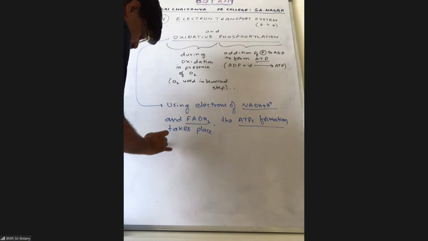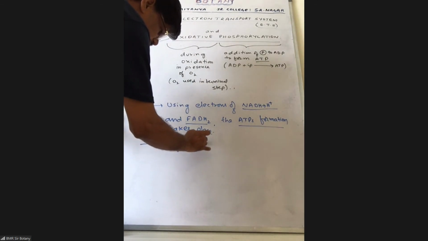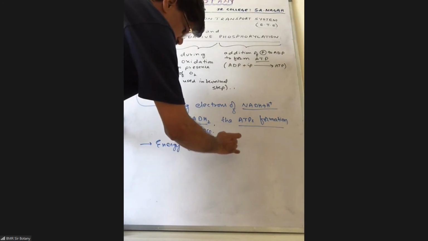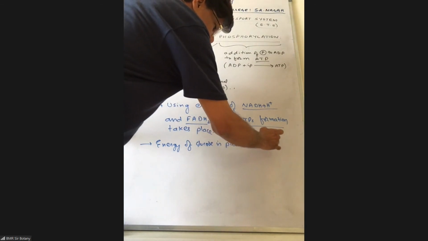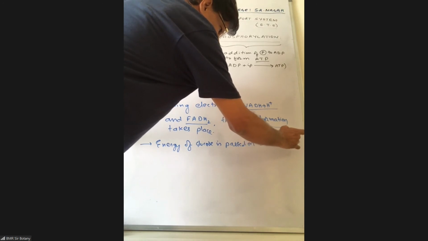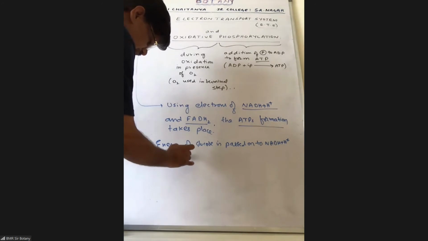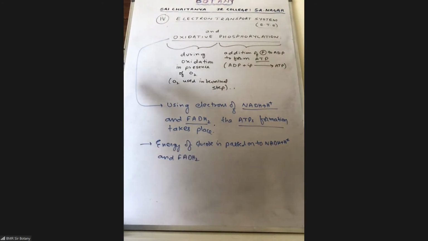So, energy of glucose, the so-called substrate, is first passed on to NADH plus H plus and FADH2 in the form of redox equivalents when removed.